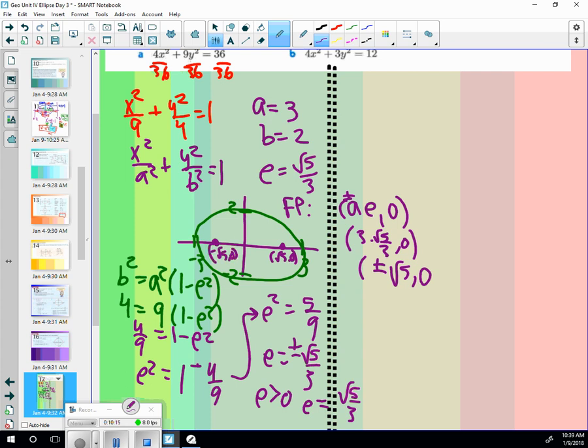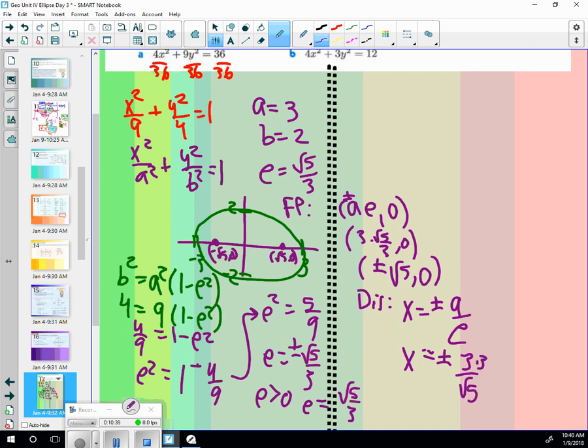And then for the directrix, this is going to be x equal to plus or minus a over e. You know, in my head, e is less than 1, so that makes sense. So x is going to be equal to plus or minus a, which was 3, over root of 5 over 3.